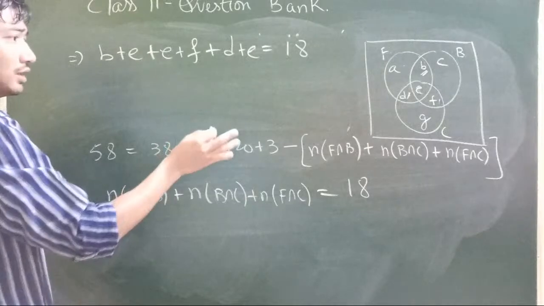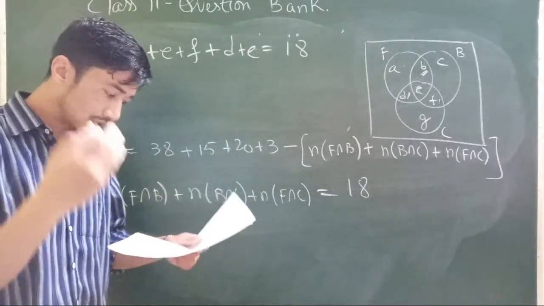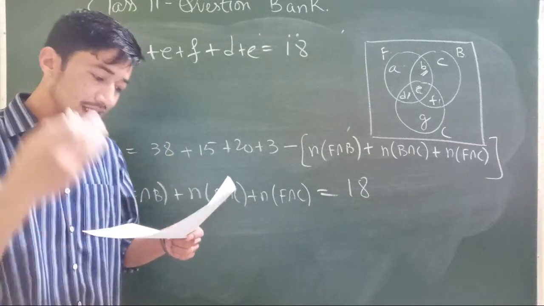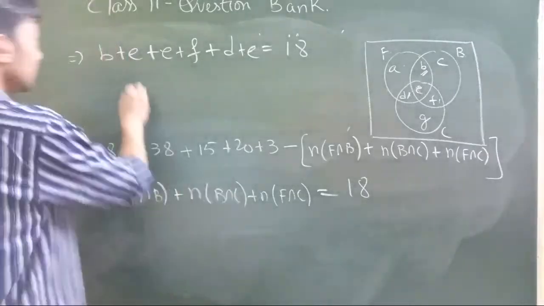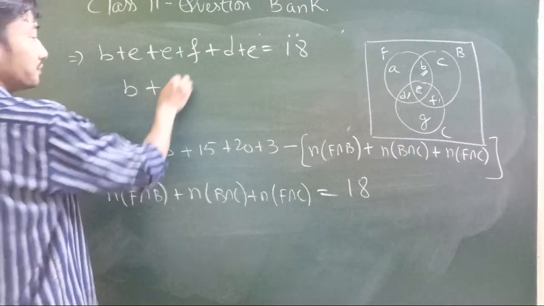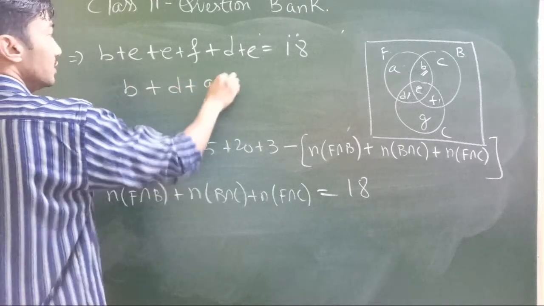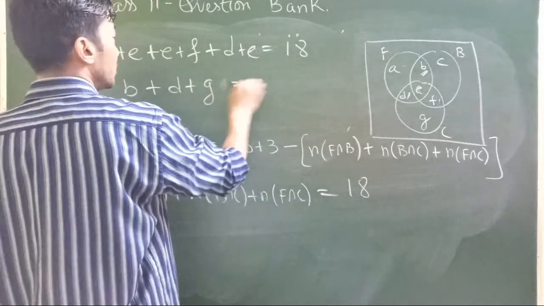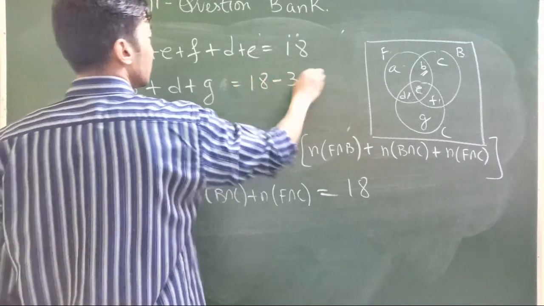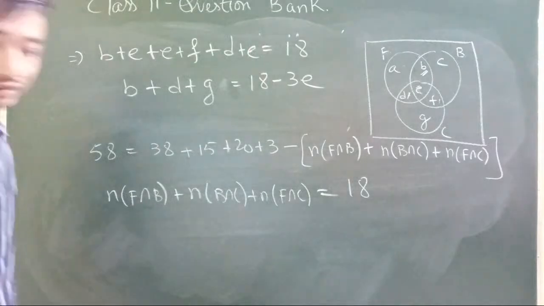Now, what I needed to find out was how many players received medals in exactly two of the sports. That is, I needed B, D, and F. No problem, that is 18 minus 3E.